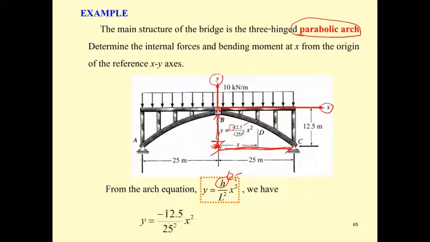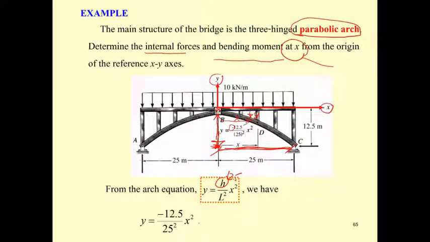And they are going to ask us to determine the internal forces and bending moment at any x from the origin. That means if you said this is going to be the x, and this is going to be the y, and the y is going to follow this equation, minus 12.5 divided by L square x square.